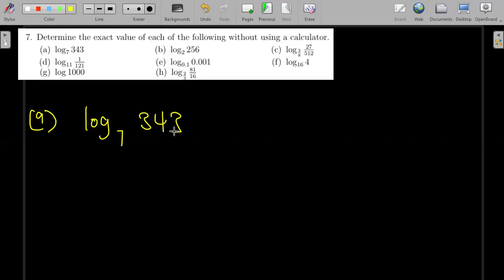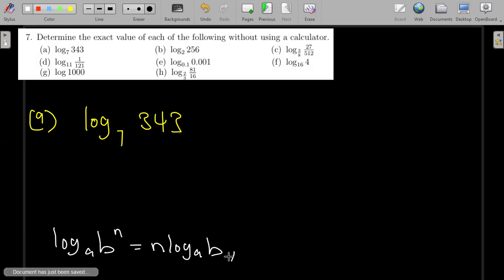Okay, so here we're going to use two rules. Okay, so remember the rule that we said if I have log base a b to the power n, this here was the same as n log a b, right? We can drop this power in front like that. And then the other rule that we had was the one that said that if I have log a base a, we said this here is just the same as what? 1.